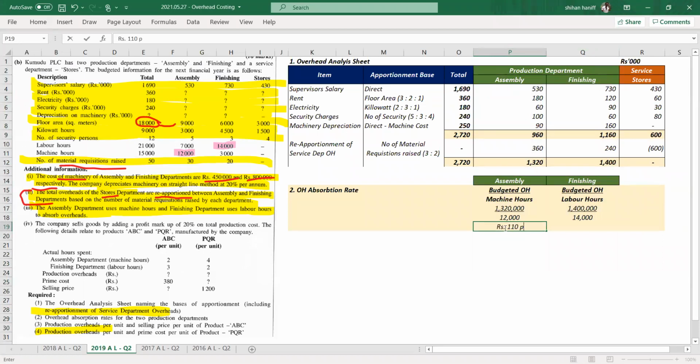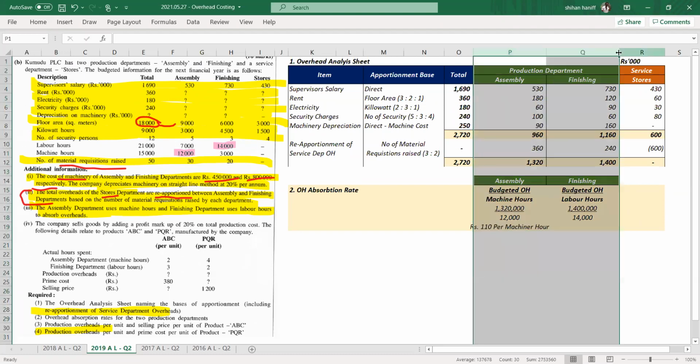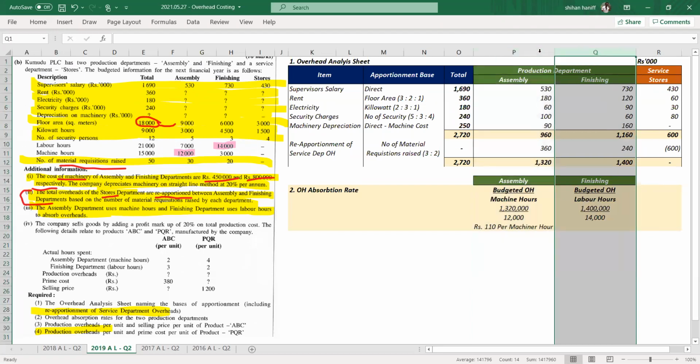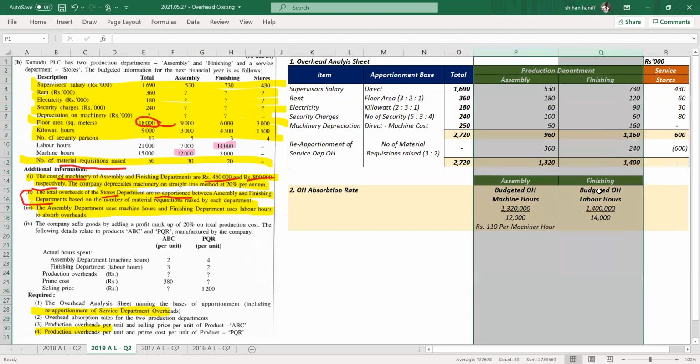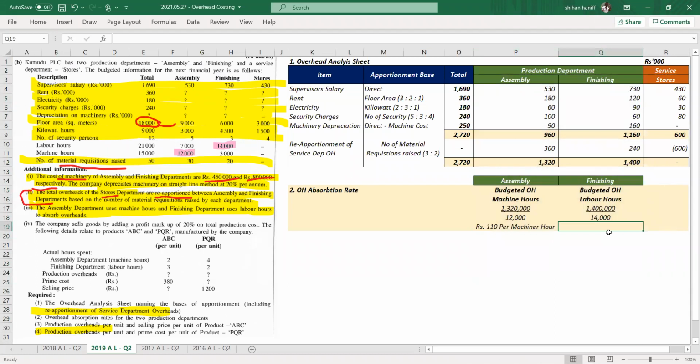110 per machine hour. So you have to write 110 rupees per machine hour. And this is 100 per labor hour.